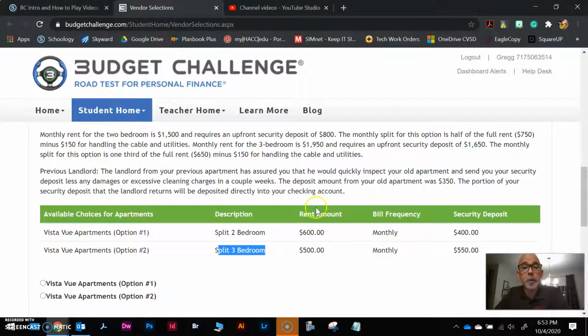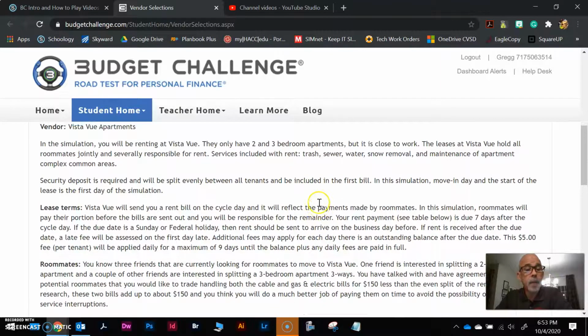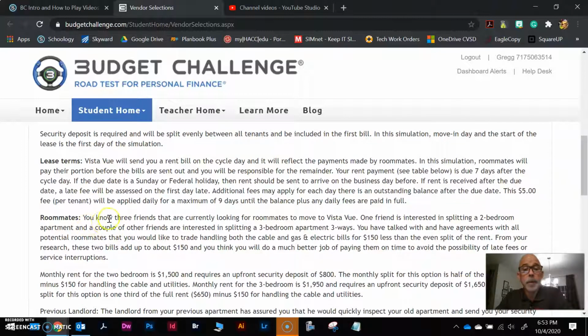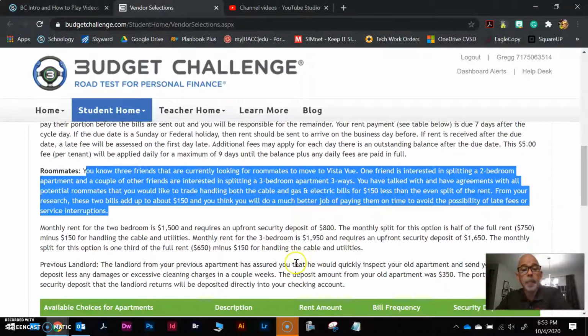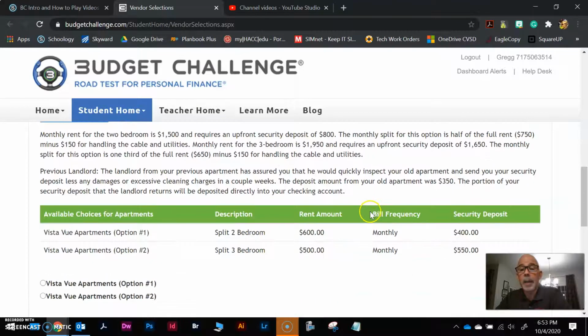So with this scenario, skimming through this here, it talks about a lot of different things, but basically when you have a 3-bedroom apartment with 3 friends, you're going to be probably paying less per month. So again, that's sort of the scenario with this. There's probably a higher security deposit on the 3-bedroom because the value of the property is higher than the 2-bedroom apartment.